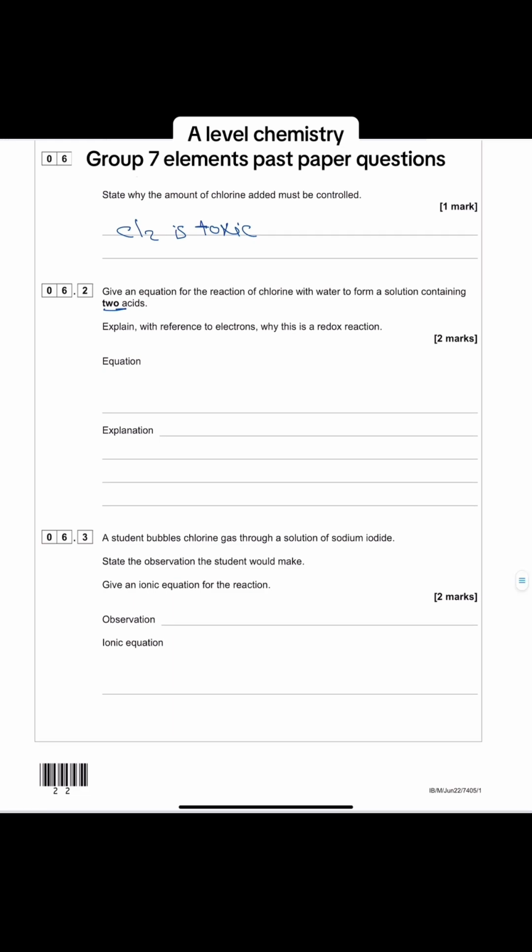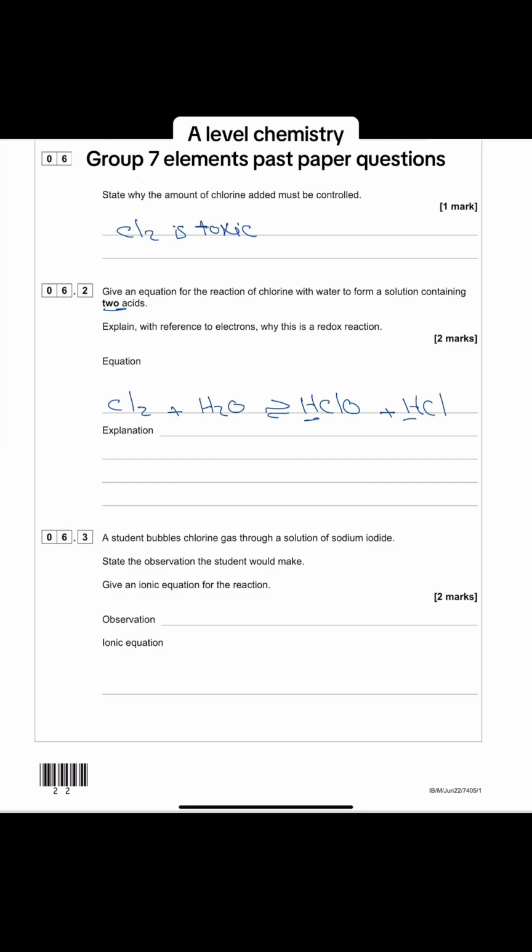So the equation here is that chlorine reacts with water, and this is a reversible reaction, by the way. That will give you the chloric(I) acid and the hydrogen chloride. So these are the two acids formed here. So this is the equation you want. Don't write the other equation, which gives you hydrogen chloride and oxygen.